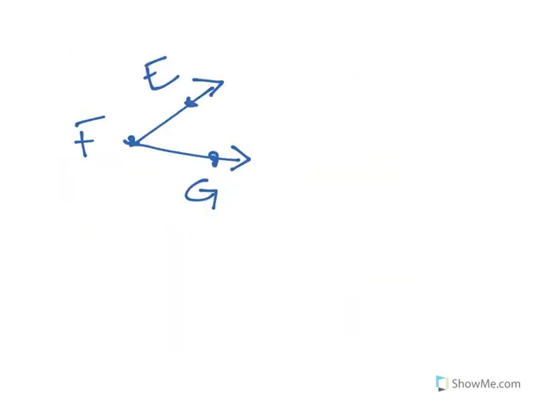Notice that on my angles, the letters correspond with a point. EFG, or GFE. I'm going to write this. Is this an acute or obtuse angle? Remember, it's smaller than 90 degrees, so it is acute.